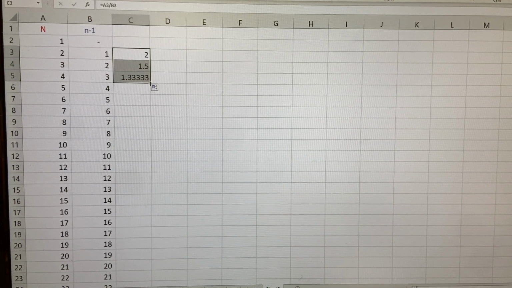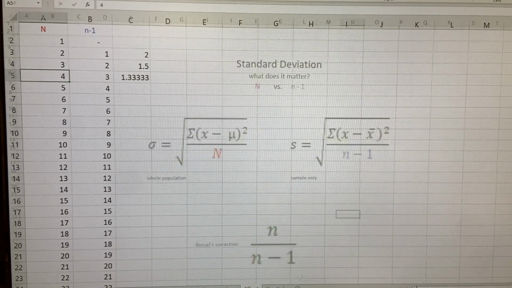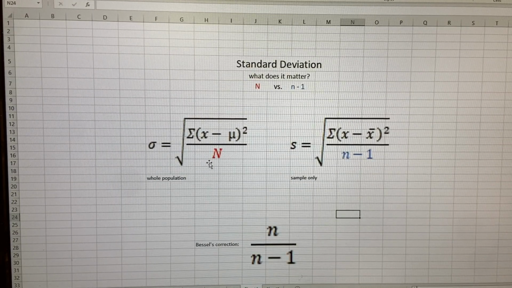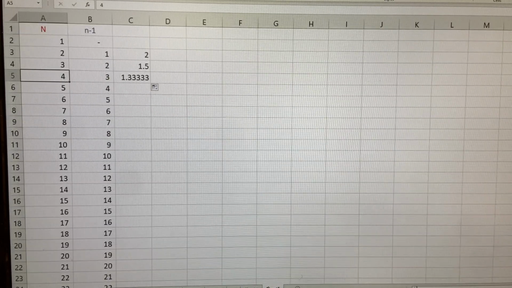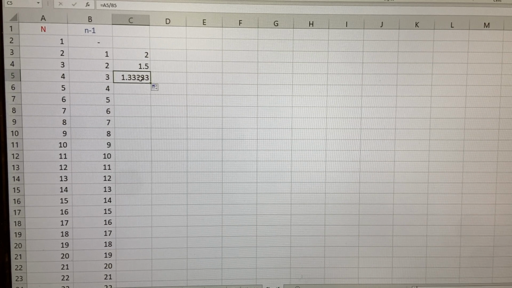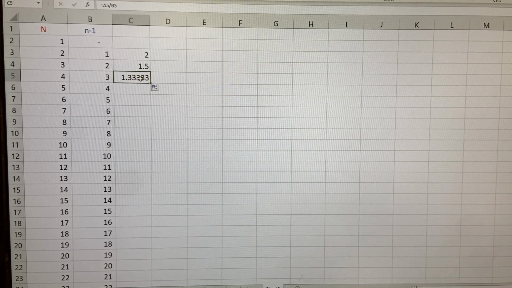So you can see right away, obviously, that whereas 2 over 2 would be 1, now it's not 1, it's been increased to 2. 4 over 4 is 1, and without Bessel's correction, the standard deviation is not modified. 4 over 4 is just 1, but 4 over 3 is more than 1. It's 1 1/3.